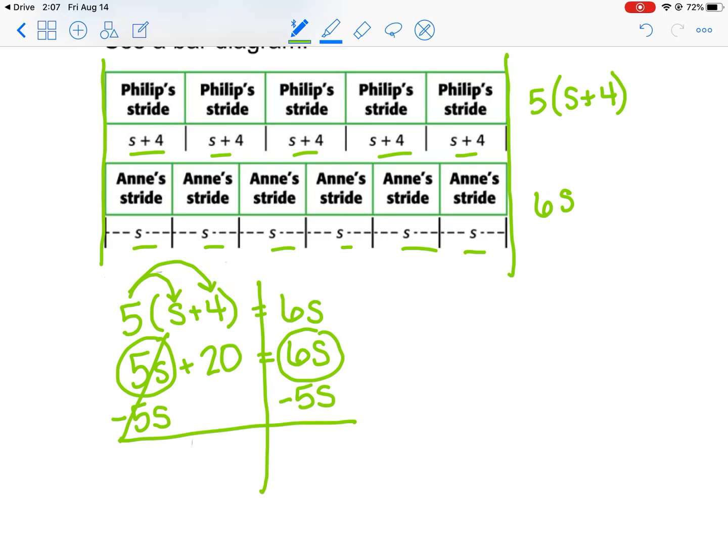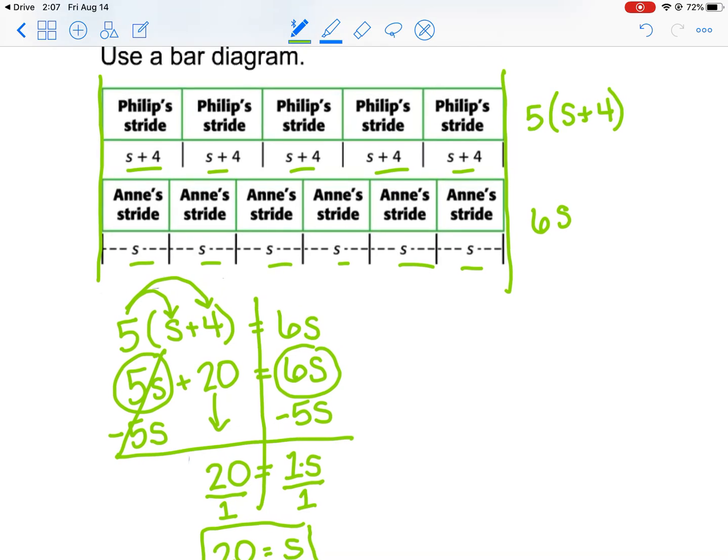On the other side, I have 6s minus 5s, which gives me 1s. So 1s equals 20. To get rid of this coefficient of 1, I can divide by 1 on each side. And 20 divided by 1 is 20. So that tells me that Anne's stride is 20 inches.